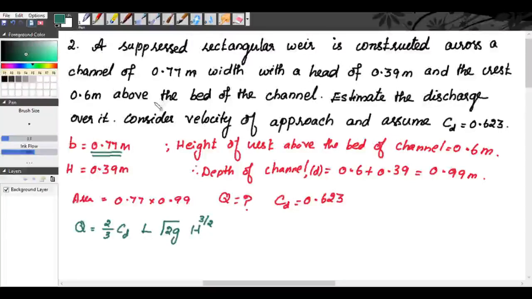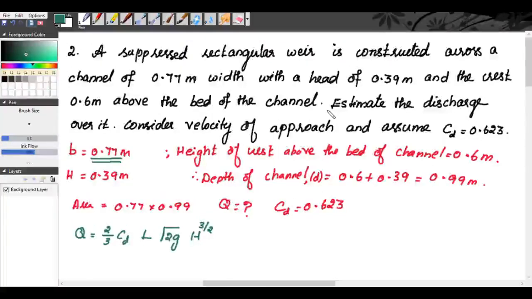It is given as a suppressed rectangular weir constructed across a channel of 0.77 meter width. So, the channel width is 0.77 meter. So, that will be the length of the weir or the notch, whatever may be. So width of the channel bed will be equal to the length of the weir if length is not given separately.